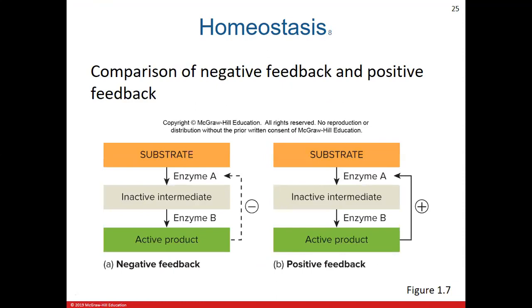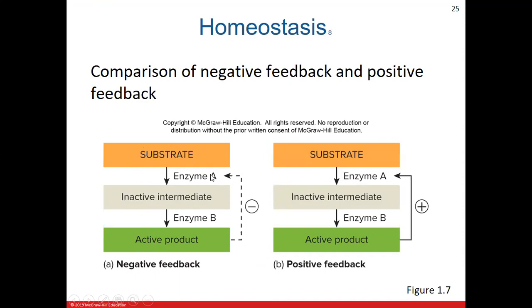This example tries to illustrate or compare negative and positive feedback mechanisms. Starting on side A here, you've got a negative feedback example. You've got some type of substrate, some type of chemical reaction that's going to eventually make some kind of product.